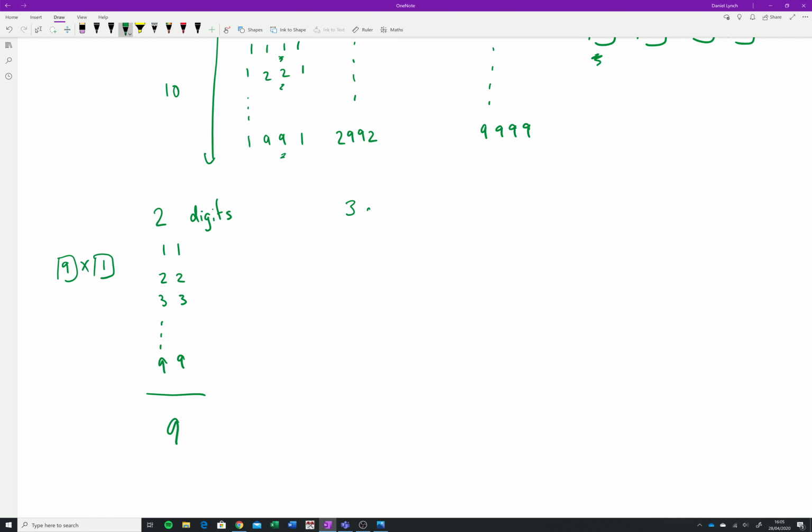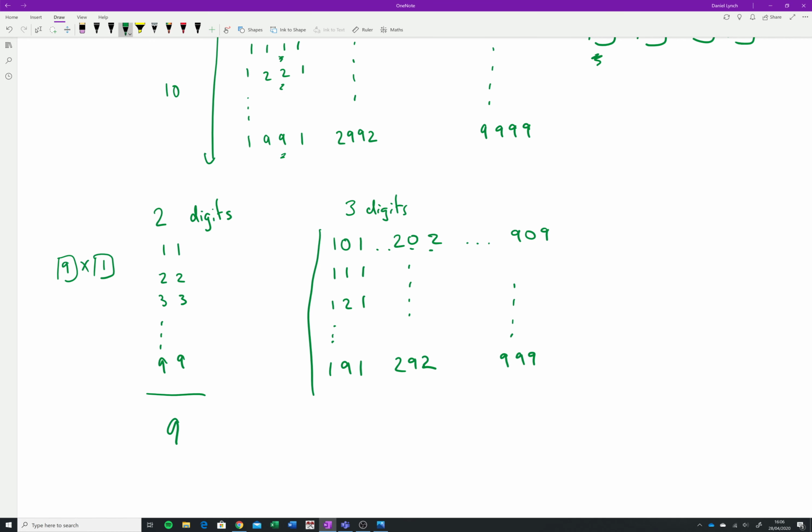Easy. 3 digits is a little bit trickier, so we'll just make our list: 101, 111, 121. I think that's a good way to do it. Down to 191. And this also makes its way across 202, all the way down to 292, all the way over to 909, down to 999.